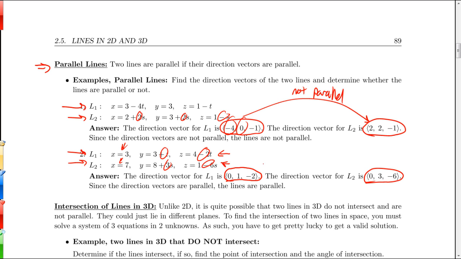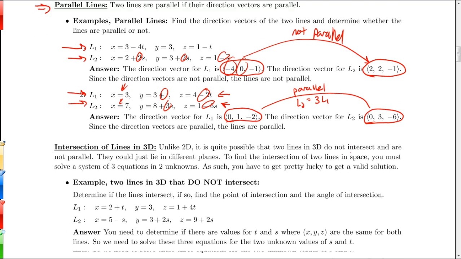If you look at these two vectors, one is in fact a scalar multiple of the other. The direction vector for line 2 is 3 times the direction vector for line 1. So the direction vectors are parallel. And because the direction vectors are parallel, the two lines are parallel.